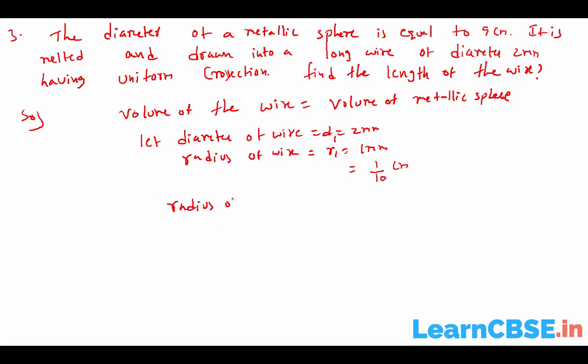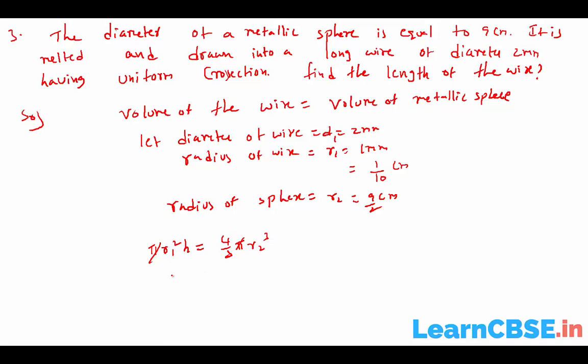Radius of sphere, that is R2, equals 9 by 2 centimeters, because diameter is 9, radius is half of that. Volume of the wire means, it is a cylinder, means pi R1 square H equals 4/3 pi R2 cube. Pi gets cancelled.